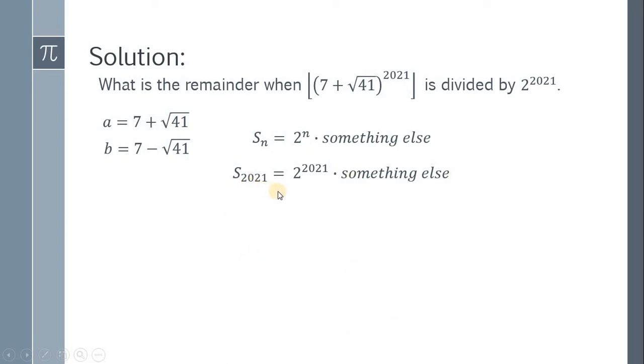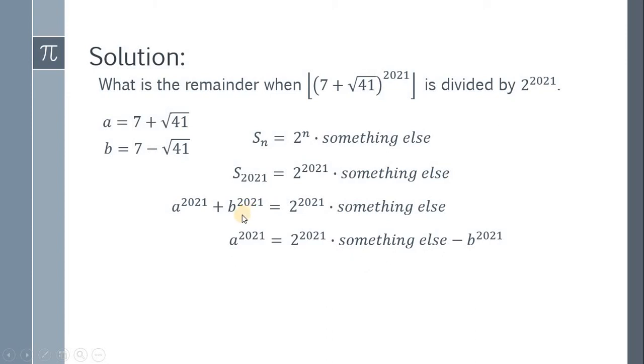Next, s sub 2021 is the same thing as a raised to 2021 plus b raised to 2021. Now, minus b raised to 2021 both sides, we have a raised to 2021 is equals to 2 raised to 2021 times some number minus b raised to 2021.